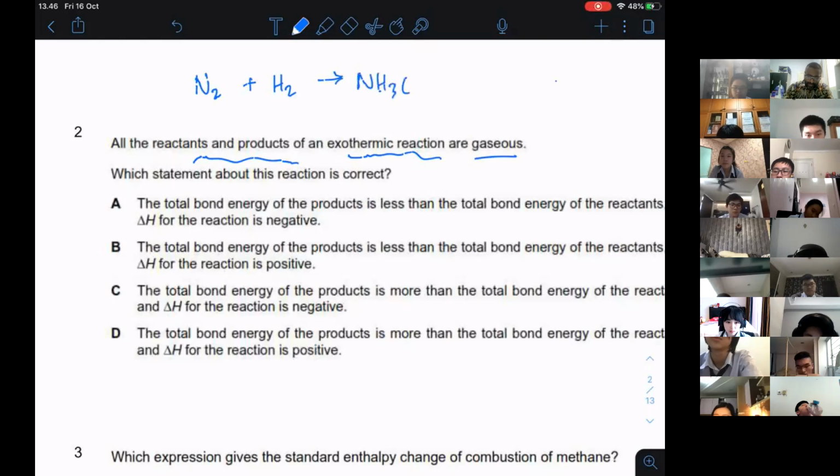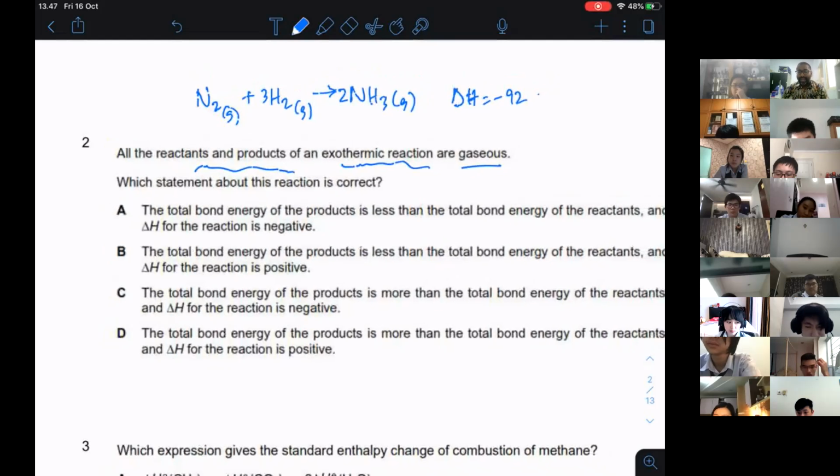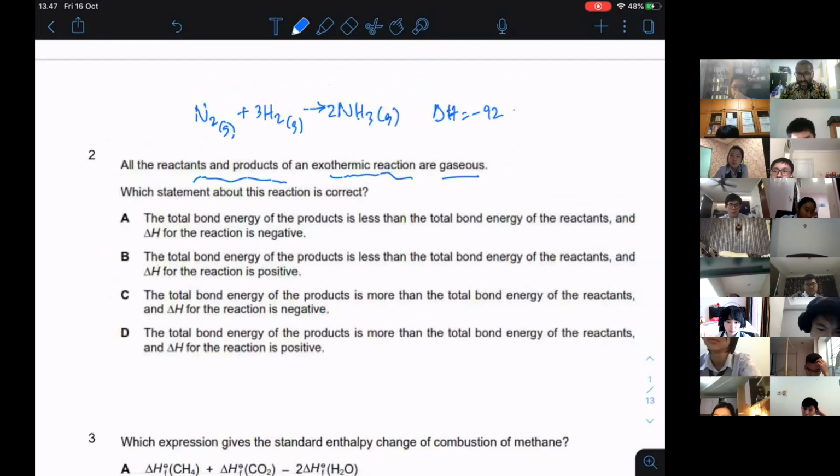All of them are gases, and I know that this is going to be exothermic also. This is one of the examples that I can remember. But they ask you which statement about this is correct. So please think about what I have mentioned just now and try to answer this question.